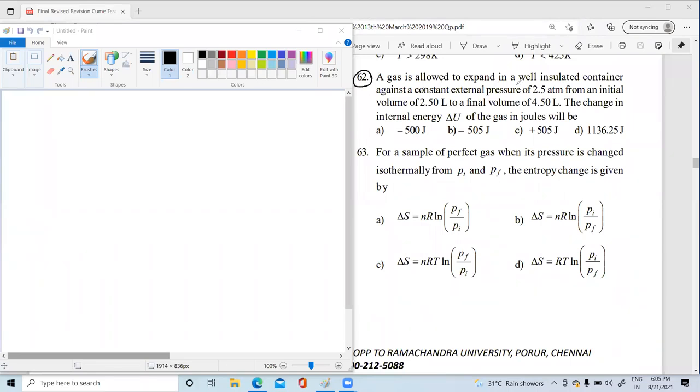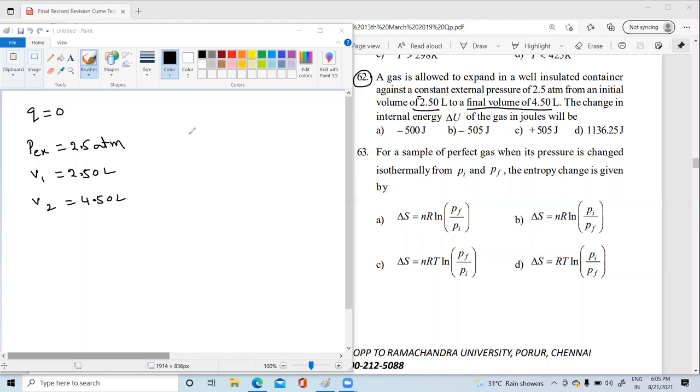A gas is allowed to expand in an insulated container. Insulated container means Q is constant here, heat is not allowed, against constant external pressure P external of 2.5 atm, and initial volume V1 is 2.50 liter. Final volume is 4.50 liter. And they're asking the change in internal energy, students.